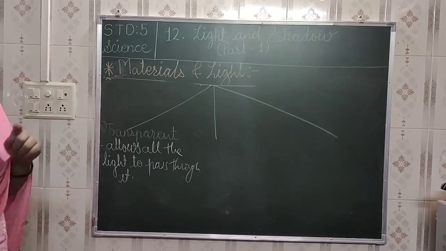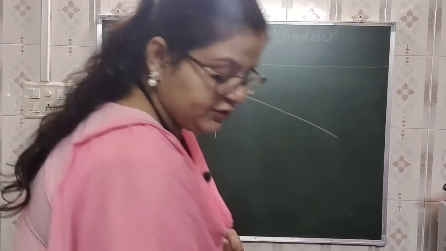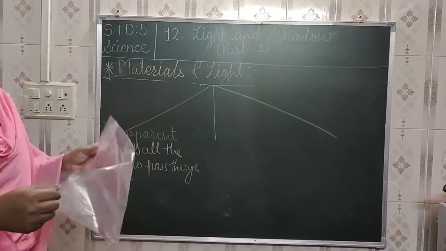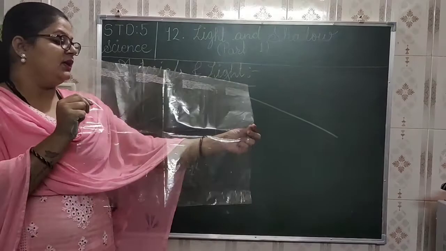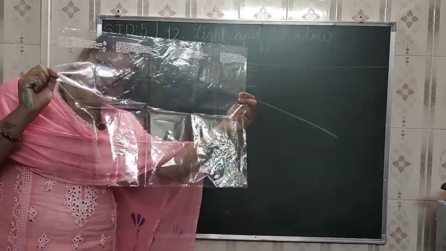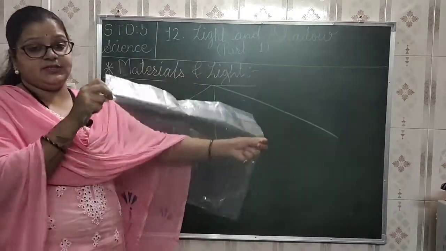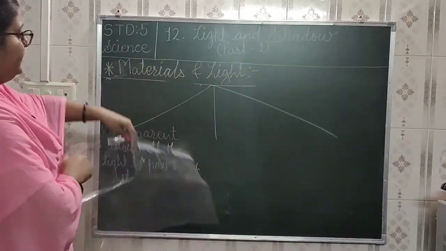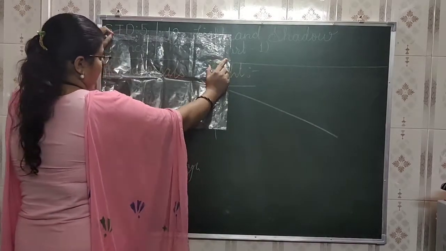So if we take an example of this plastic sheet, now I am holding the plastic sheet, but still you can see me, right? I can see you. You can see what is written on the board. In fact, you can read what is written on the board. If I am holding it here, you can read what is there on the board.